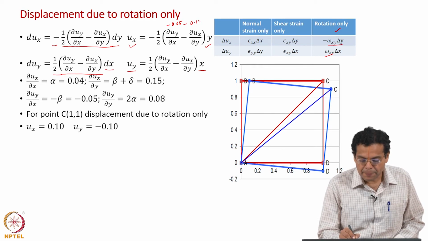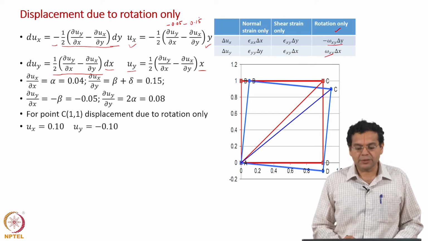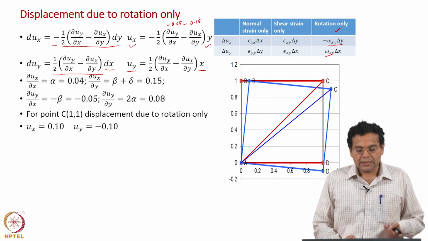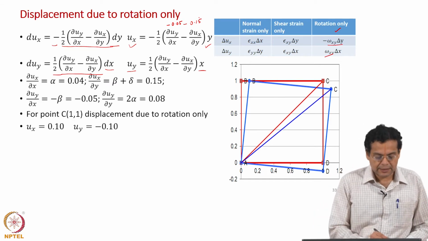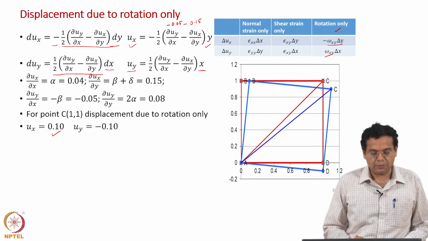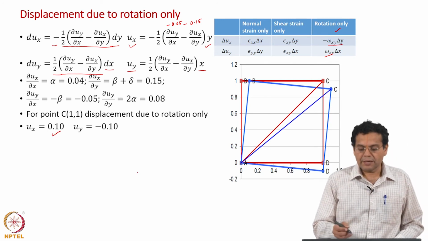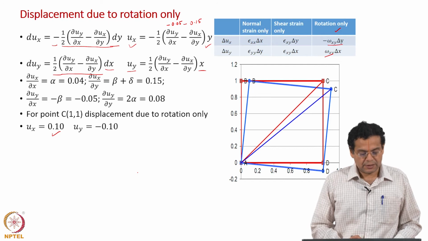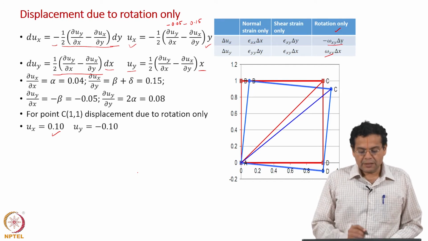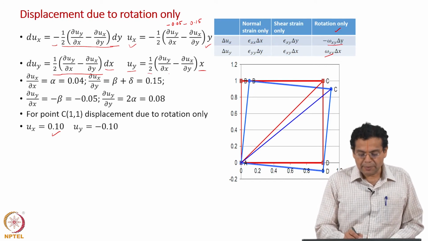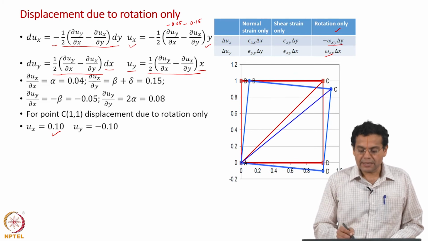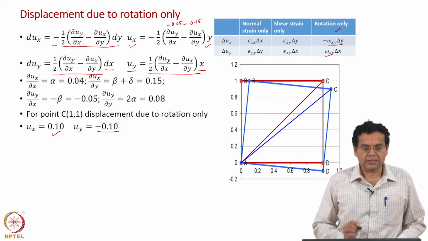If you add these two, you get minus 0.2, divide by 2, minus 0.1, and then you have another minus outside. So, you get 0.1. Of course, multiply by 1 gives you the same result. For u y, it is minus of the above expression, x is still 1. So, you get minus 0.1.